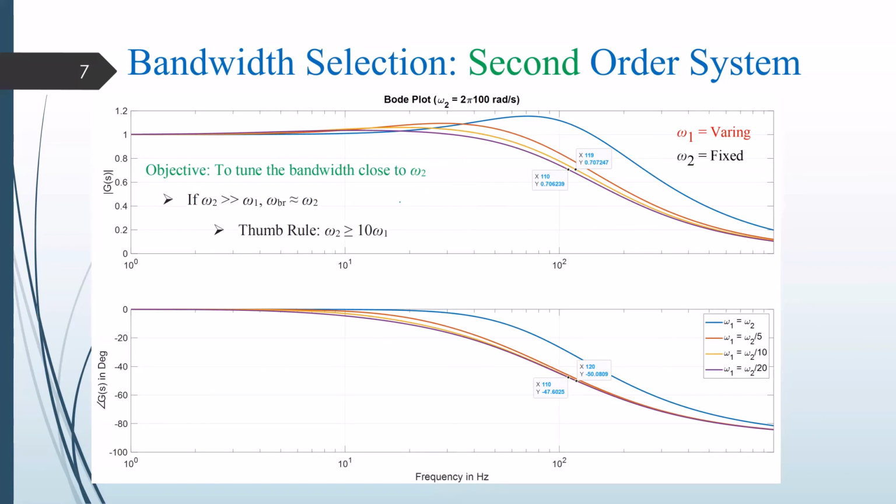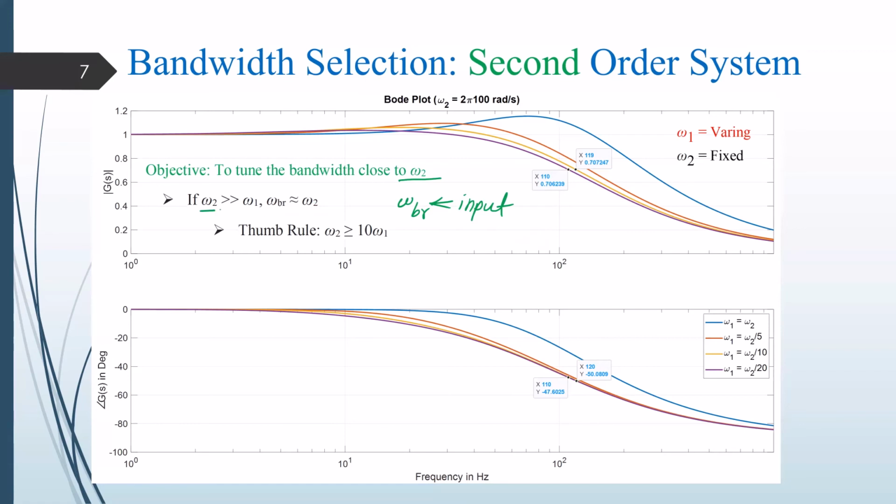Now let us see how we can tune the bandwidth of the second order system around frequency omega BR. This could be an input from a designer to you, and you would need to tune the bandwidth of your second order system around this frequency. From our previous slides, what we know is that the transient response due to the second eigenvalue is faster when compared to the first eigenvalue.